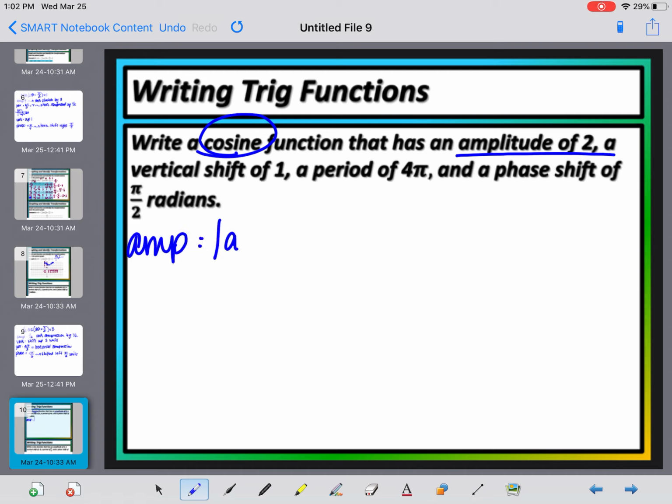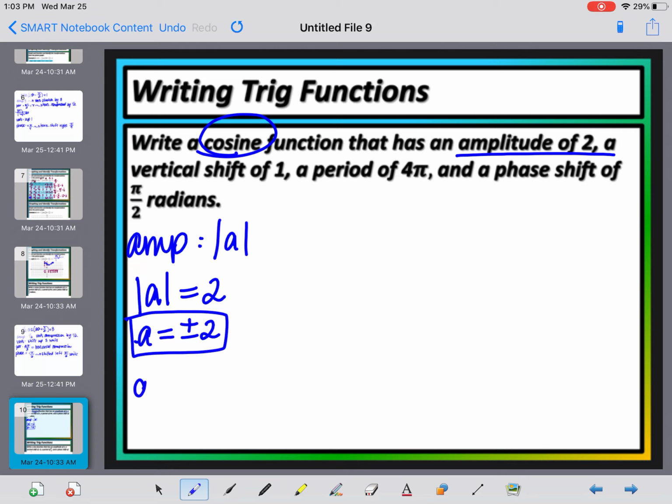Well, remember, amplitude, the formula is the absolute value of A. So if they're telling me that the absolute value of A here equals 2, that means that my A value could have either been a positive or a negative 2, because I can put either one of those into the formula and get out this amplitude that's being stated. Okay, so that's my first value.